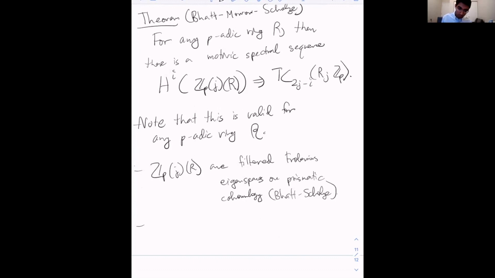Maybe I should also say that in low weights, j less than or equal to p minus 2, these turn out to be equivalent to objects called syntomic cohomology considered by Fontaine-Messing and Kato.